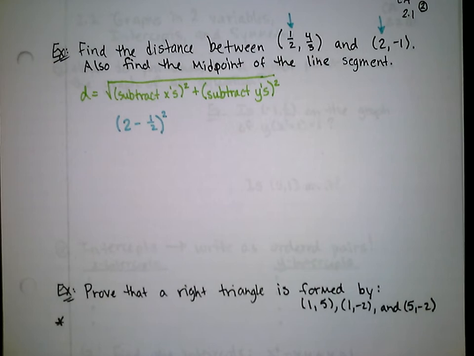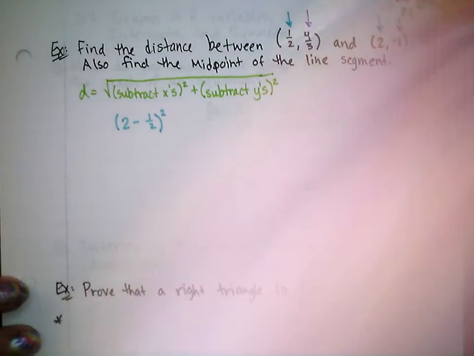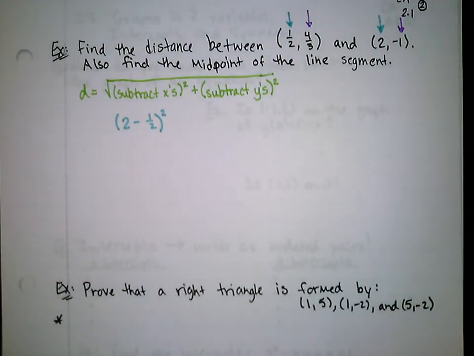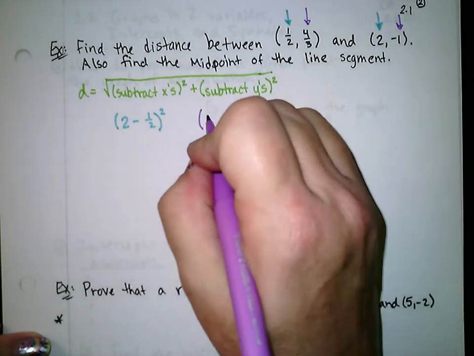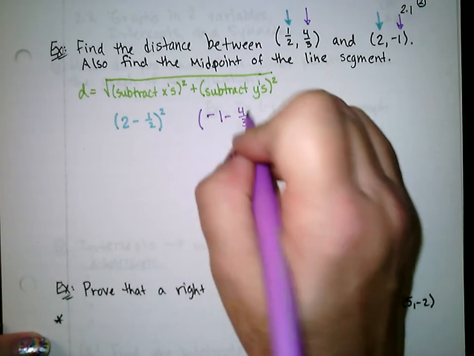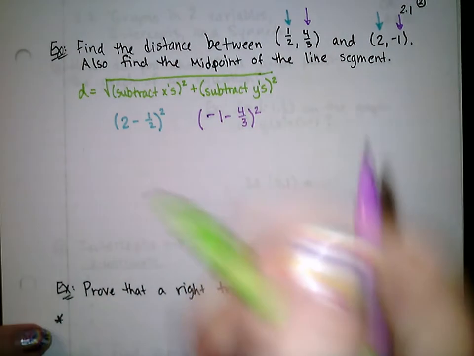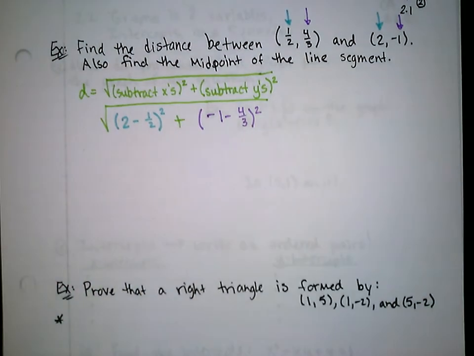So be careful once we get to slope, and I'll remind you. No worries on that. And then we're going to subtract the y's. Again, it's up to us which order we want to do that. I'll probably do -1 minus 4/3, squared. Then I'm going to add those two together and take the square root.